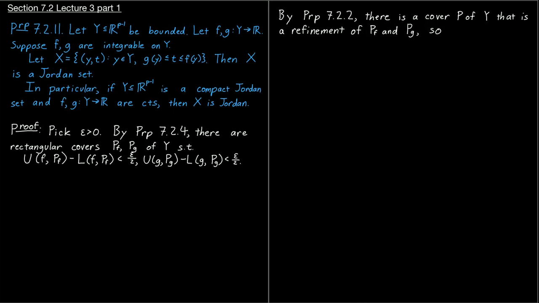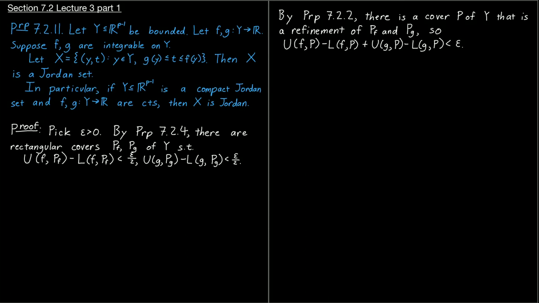And remember, taking a refinement just moves your upper and lower sums closer. So the upper sum of F over P minus the lower sum of F over P, plus the upper sum of G over P minus the lower sum of G over P. We're just adding our two inequalities. That is less than epsilon.